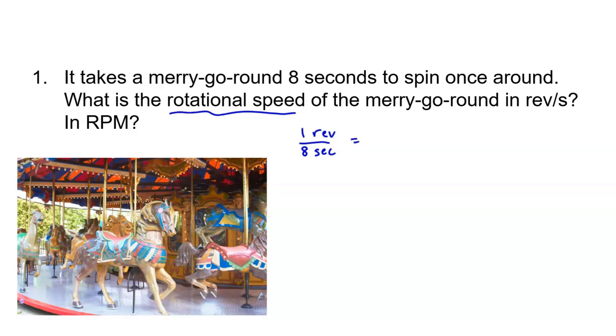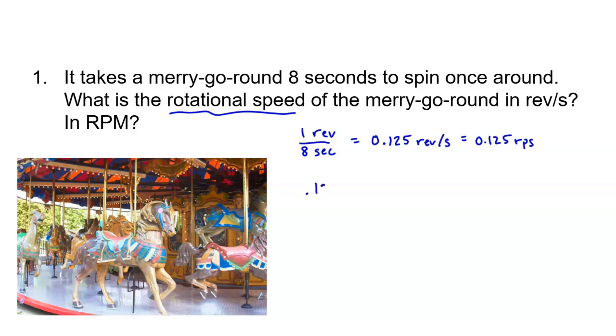So we just take 1 divided by 8, which is 0.125 revolutions per second. We can also write this as 0.125 RPS. Same thing.